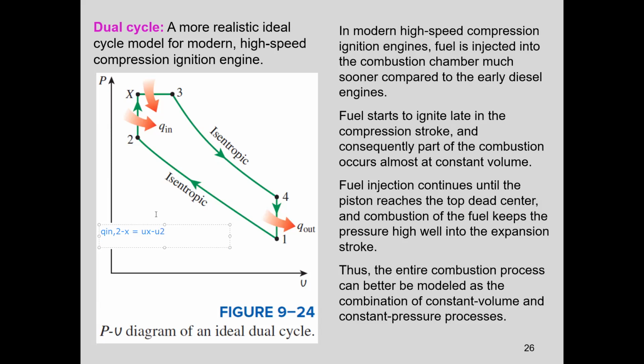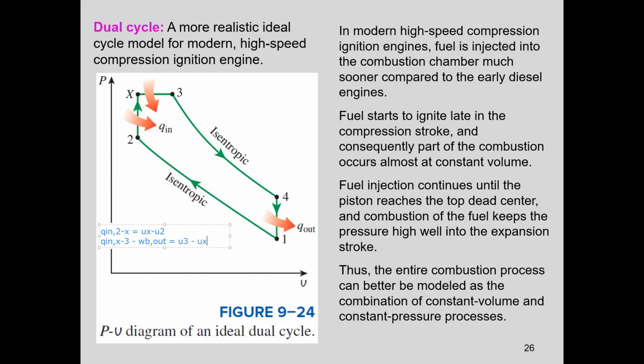So let's look at process X3, which is the constant pressure heat addition. There is heat input Q in during process X3, and this is also an expansion process towards the expansion stroke between X and 3, so there is boundary work output. Q in minus boundary work output is equal to the energy change of the closed system, which is the internal energy change, U3 minus UX, right?